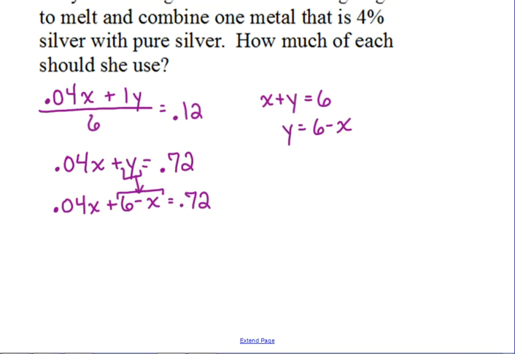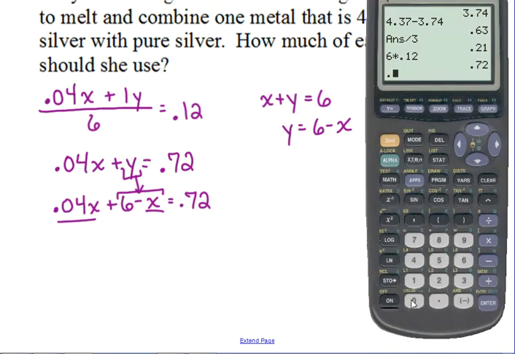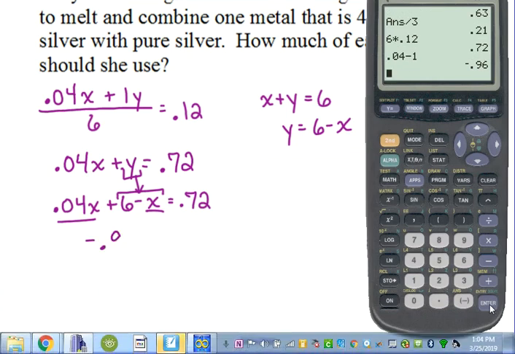So let's see here. We need to combine our x's on this side right here. 0.04 minus 1 is negative 0.96x. And I'm going to move that 6 to the other side. So 0.72 minus 6 is negative 5.28.